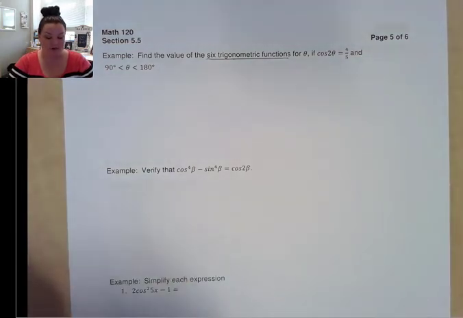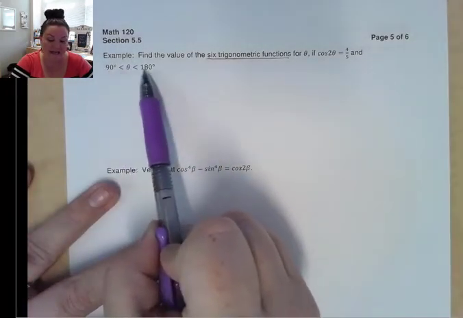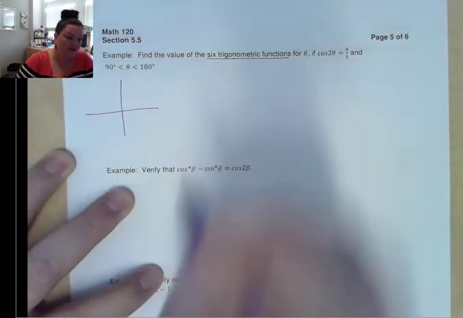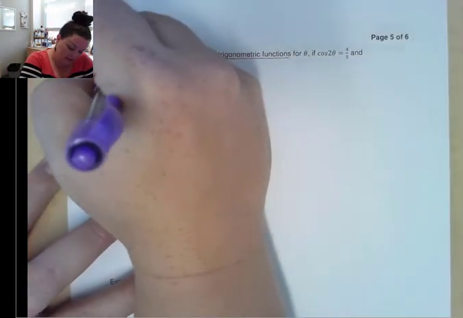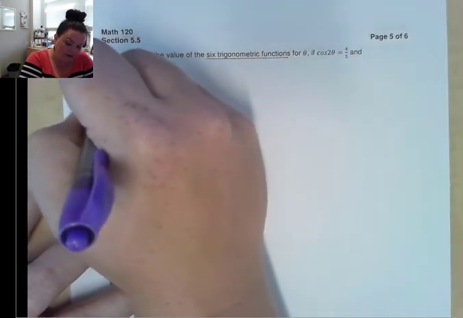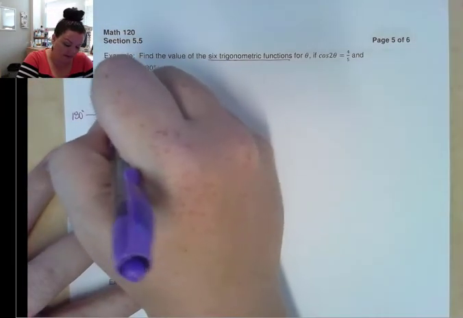Okay, so the first thing that I notice is that they tell us that our theta is between 90 degrees and 180 degrees. So if I think about that in terms of a quadrant, this is 90 degrees and this is 180 degrees. So our angle is somewhere in there, my theta value.